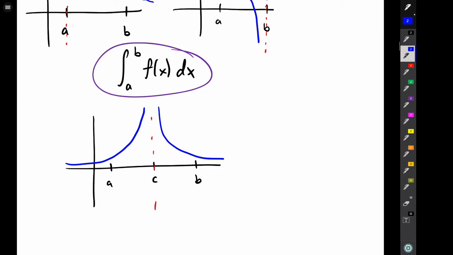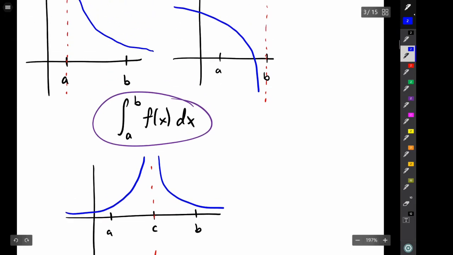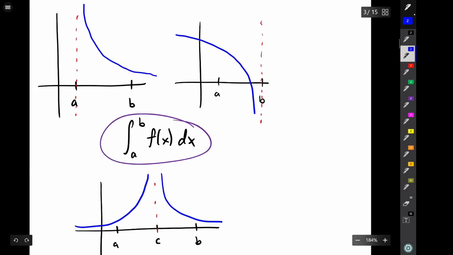So what do we do in each of these situations? Oh, and I should point out, we could also have both of these happen at the same time. So we could be infinite going to a and b. There's lots of options here, but these are the three main types, where either it happens at one end or the other, or possibly both, and then somewhere in the middle.